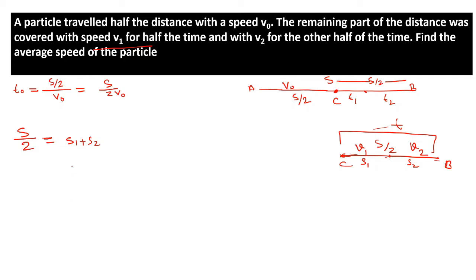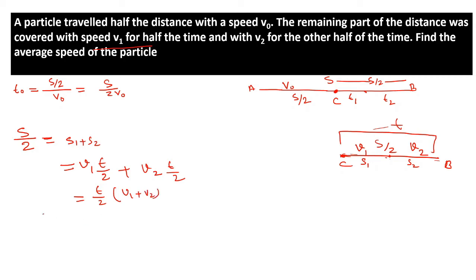So what will be S1 and S2? For S1, half of the time, so S1 equals v1 into t by 2, because distance equals velocity into time. S2 equals v2 into t by 2. If I solve it, t by 2 is the common term, so S by 2 equals t by 2 times (v1 plus v2).